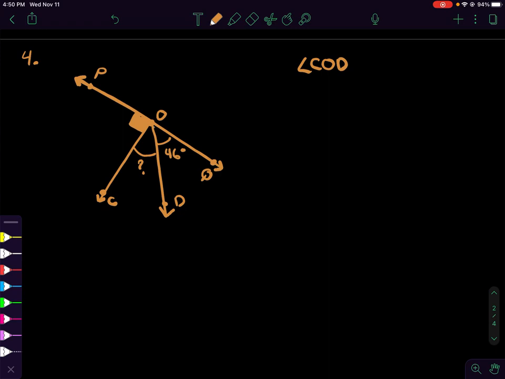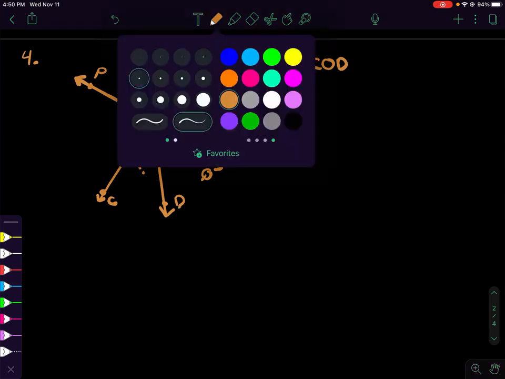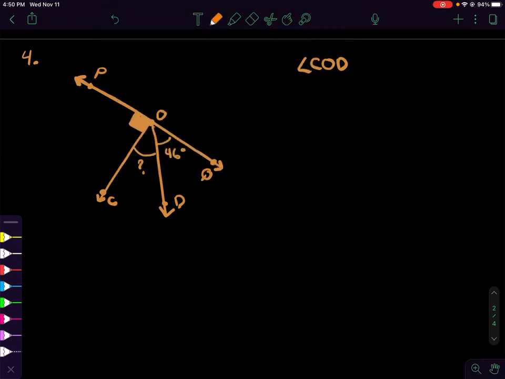If the question was asking POC, you could simply say it's 90 degrees. But this question is asking what is the angle COD. So the first thing we're going to do, we have to write down things we know. We know the angle POC is 90 degrees.